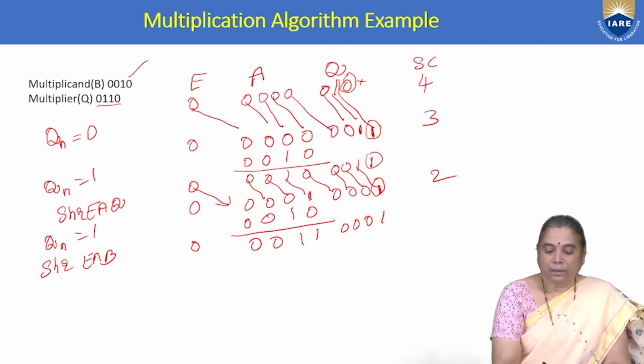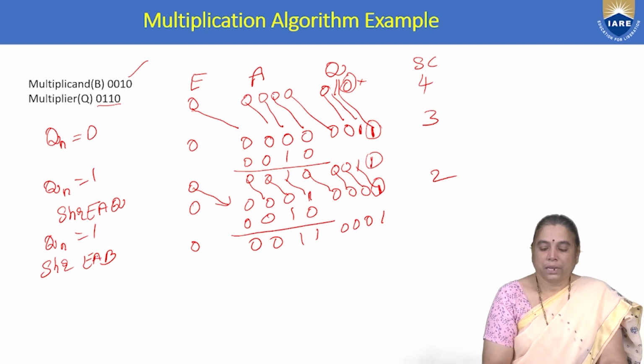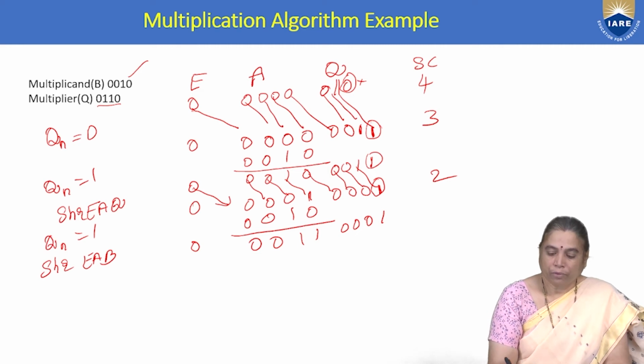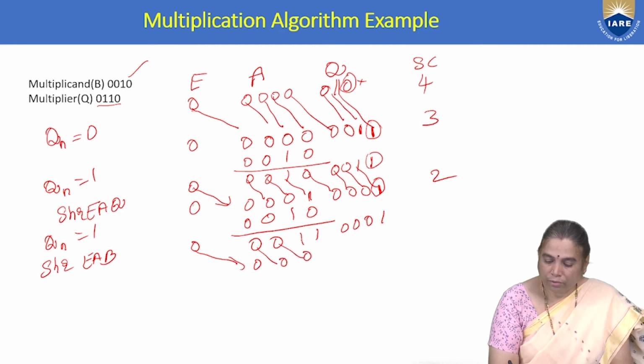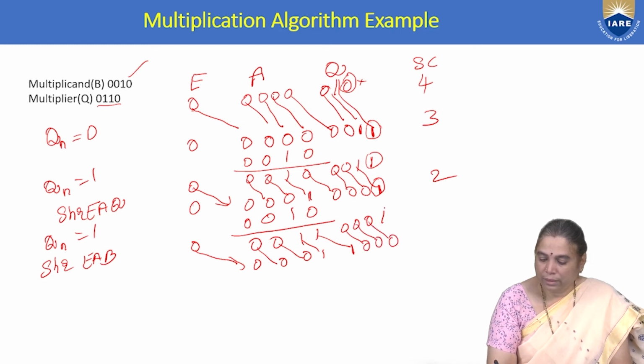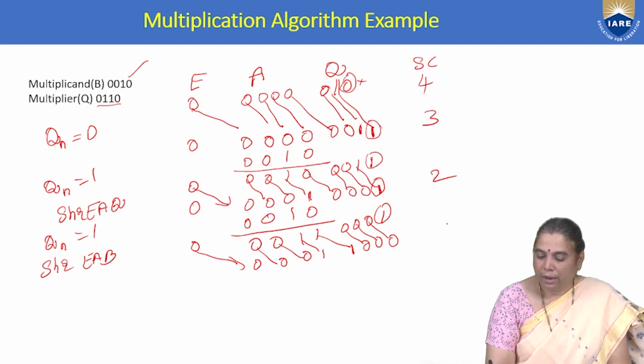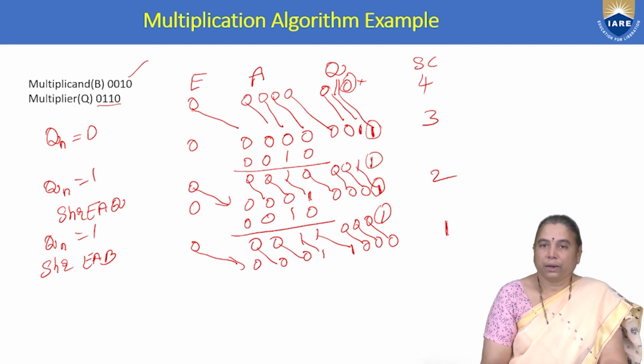So again the shift right operation can be performed on the EAQ. So here this is 0, 0, 0, 1, 1, 0, 0, 0. And this bit can be discarded and counter can be decremented by 1.